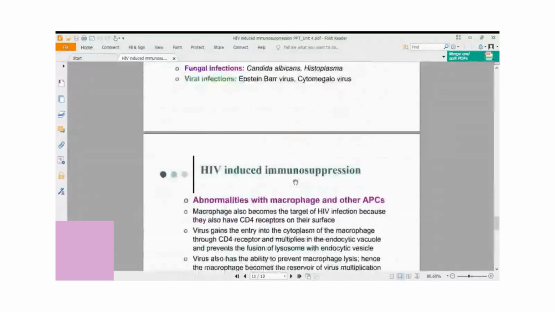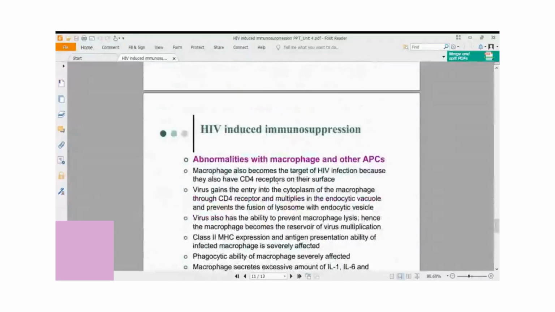But at the same time, remember, the macrophage also has a CD4 receptor. Like the Th cell, the macrophage also has a CD4 receptor, and that becomes the target of GP120.